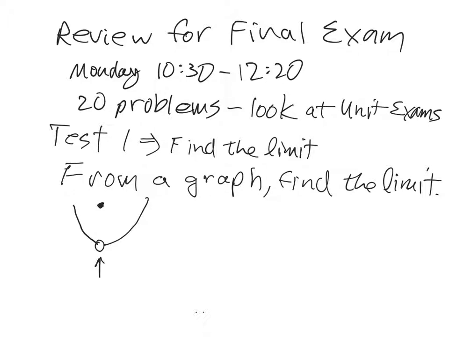There's 3 different reasons a function would not be continuous. One, if the function value does not exist. Well, that's not the case in this graph, because f of whatever this x is would equal this point.